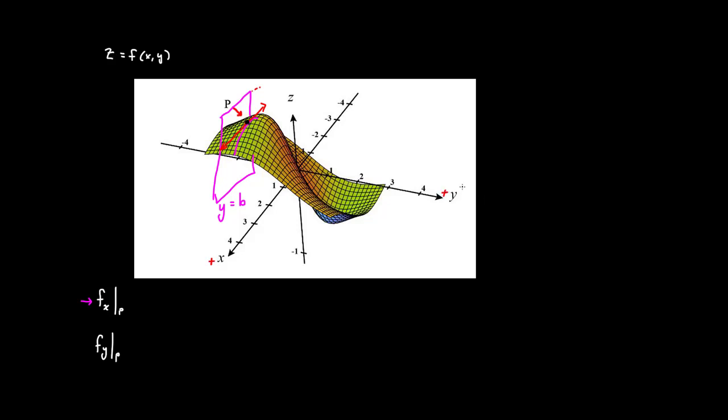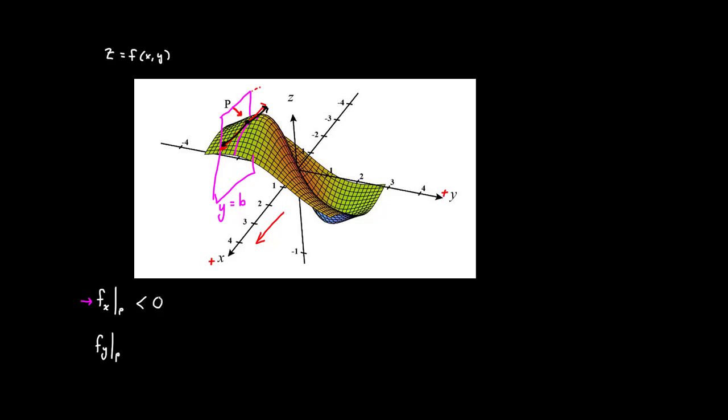So in trying to determine if the partial derivative is positive or negative, I want to know what happens to the function as x increases. So x increases is in this direction. You can see from this tangent line that as x increases, the tangent line is pointing downward, so it has a negative slope. So we'll say the partial derivative of f with respect to x at point P is less than 0 because that tangent line is pointing down.